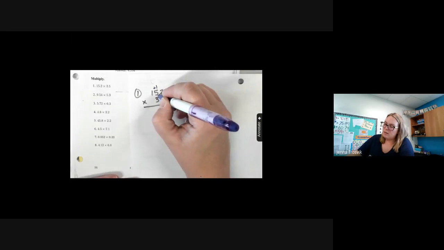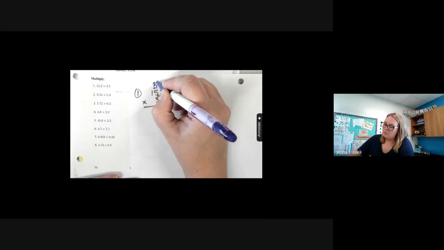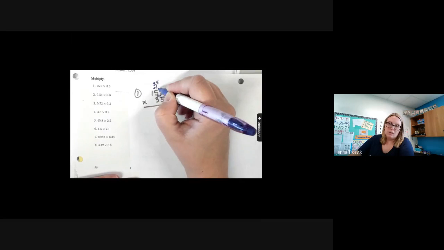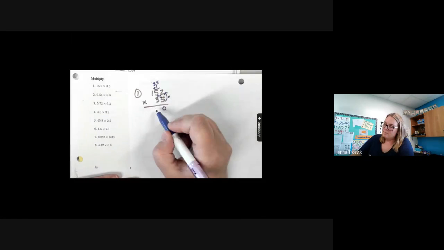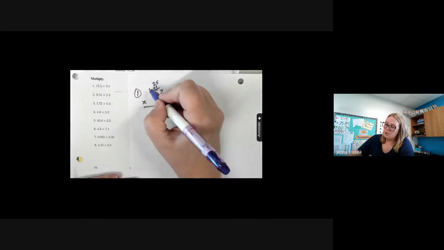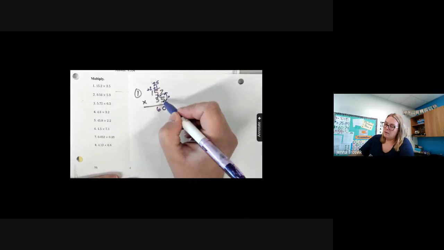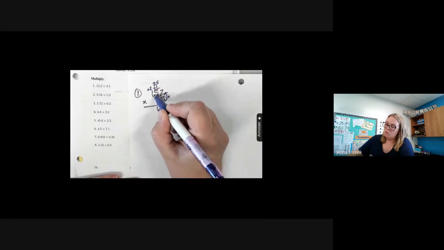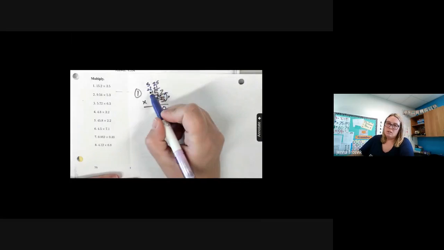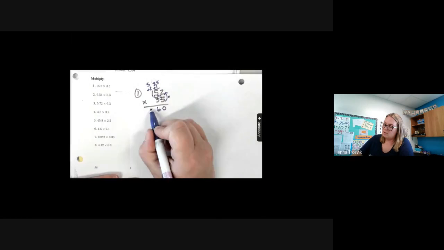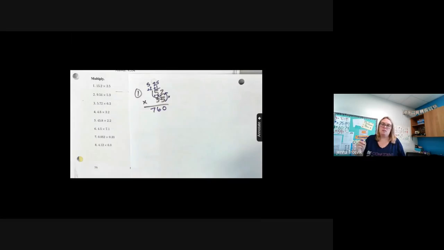Then that gives me 5 times 5, which is 25 plus that 1 that I already carried. So 25 plus 1 gives me 26. That puts a 6 down below and a 2 above the next number. Then I have 5 times 1, which equals 5, plus 2, which equals 7. So now I have 760.